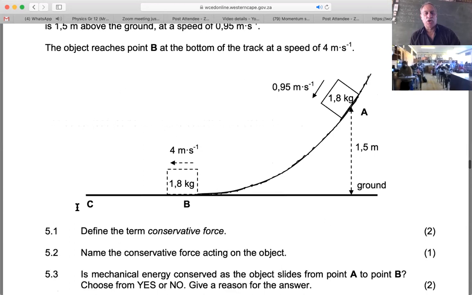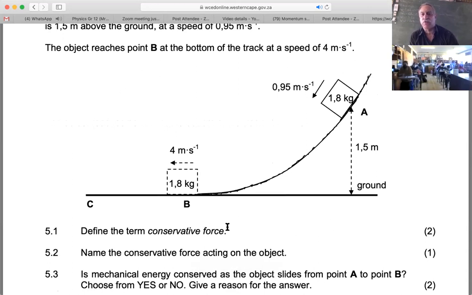Okay, define the term conservative force. So for 2 marks, what is a conservative force as opposed to a non-conservative force? Who thinks they know the answer?